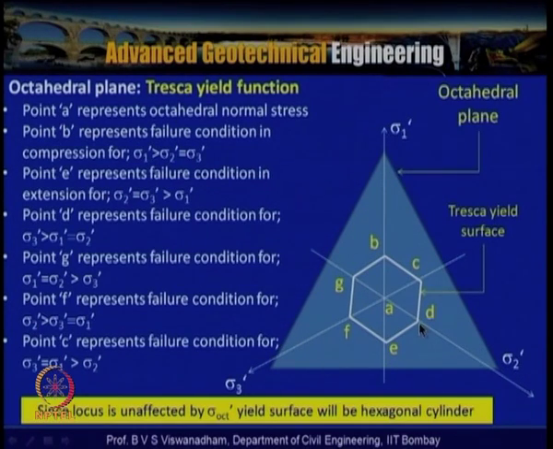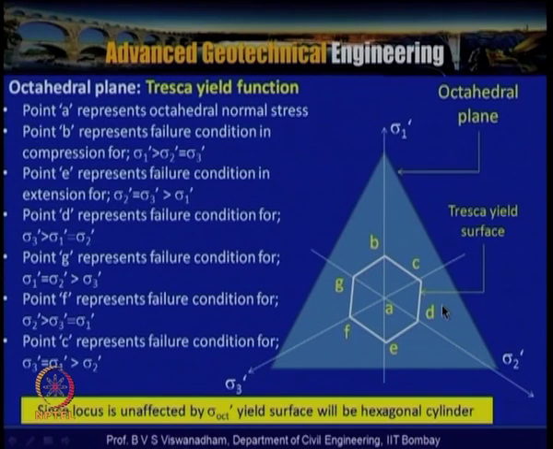Point D represents failure for sigma 3 greater than sigma 1 equal to sigma 2, and point G represents failure where sigma 1 equals sigma 2 and sigma 2 is greater than sigma 3. Point F represents failure for sigma 2 greater than sigma 3 equal to sigma 1, and point C represents failure for sigma 3 equal to sigma 1, where sigma 1 is greater than sigma 2.